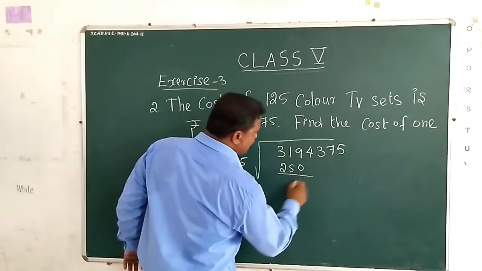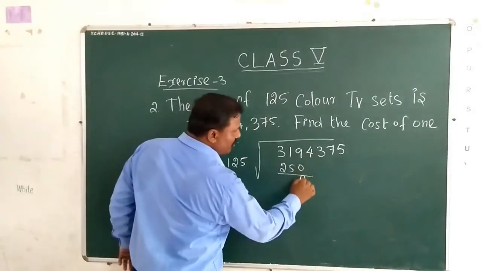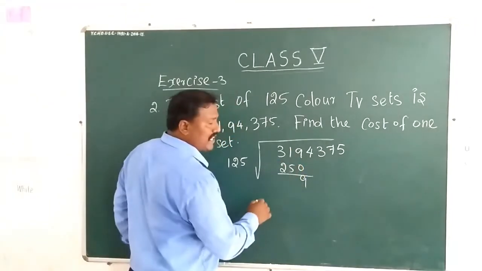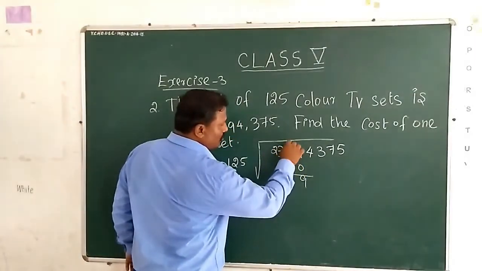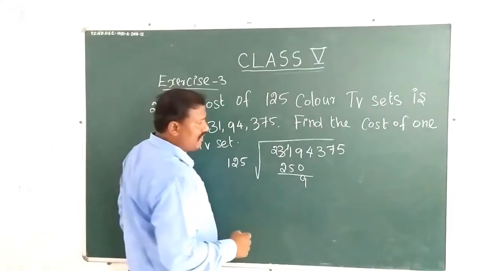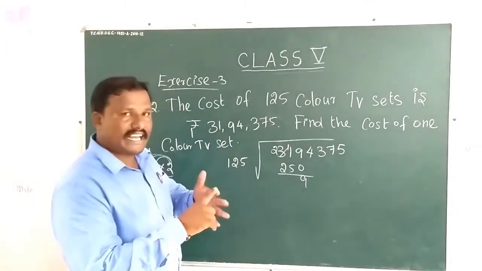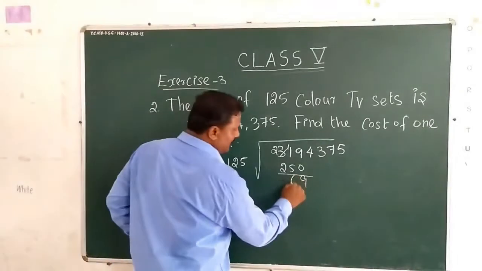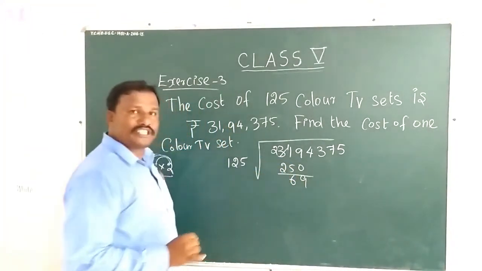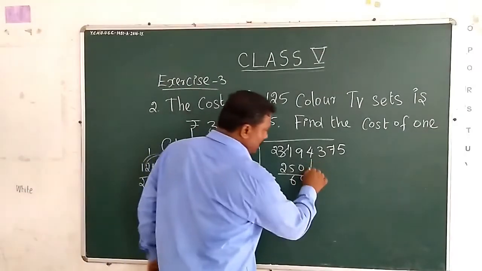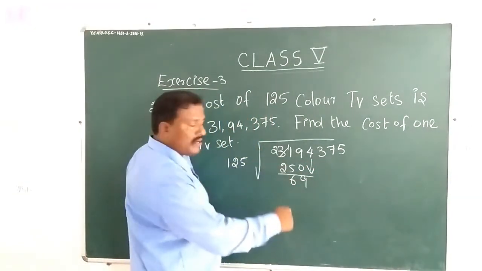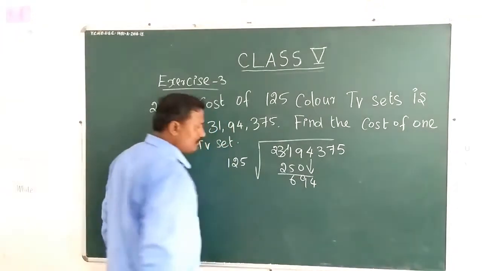If you subtract this, 9 minus 0 is 9, 1 minus 5 we can't subtract, so borrow from the nearby number, 11. So 11 minus 5, after 5 comes 6 7 8 9 10 11, so 6 is the difference. 2 minus 2 is 0. So now I am going to take one number down, 4.